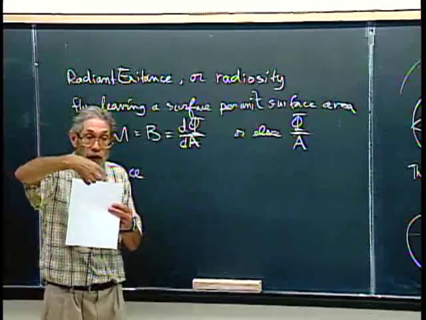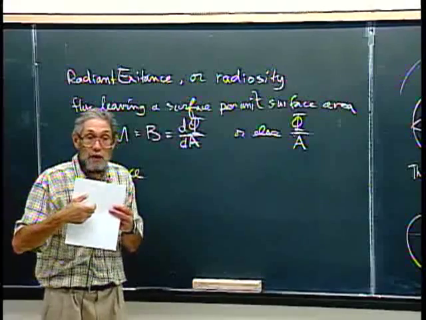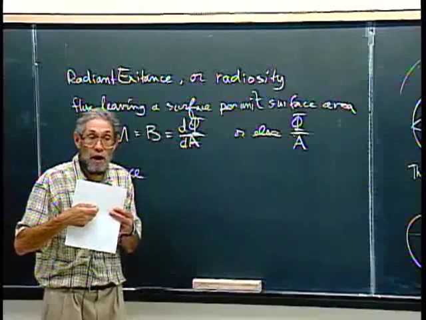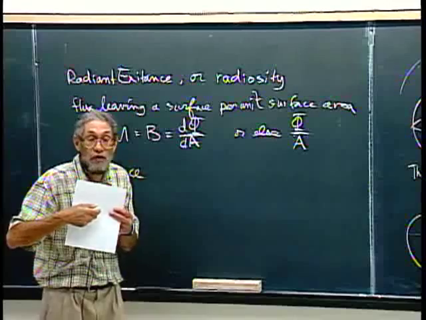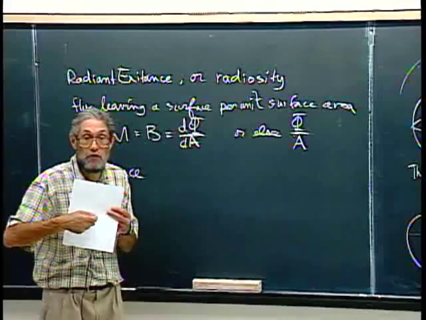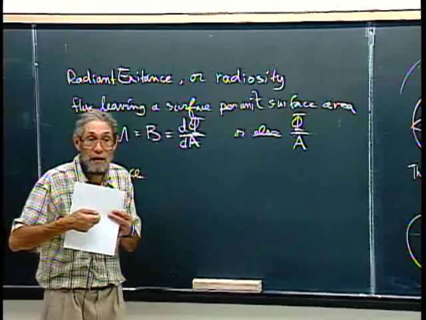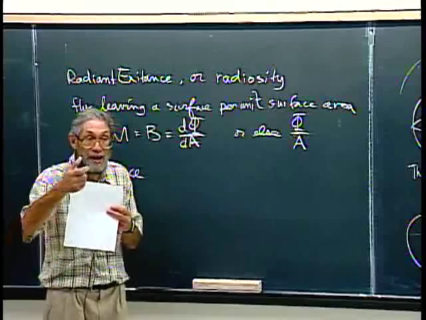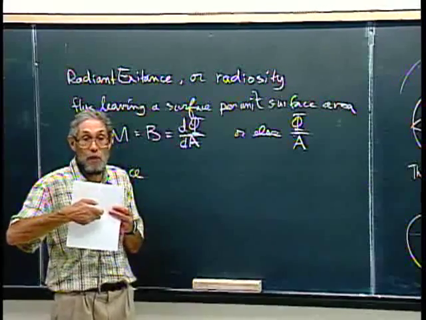So I get flux per unit area on the surface coming in per solid angle. Then if I move much farther from the sun, say twice as far, the solid angle will get a quarter as big. And the amount of light, the irradiance, will be a quarter as big. But the radiance will be the same because it's the flux per solid angle, and I'm dividing by a smaller solid angle.